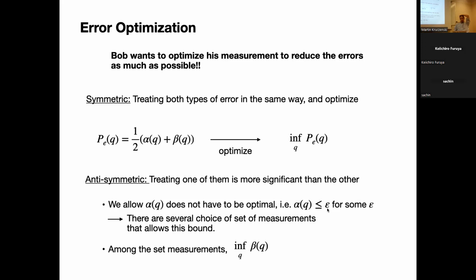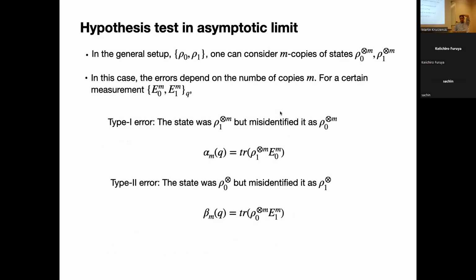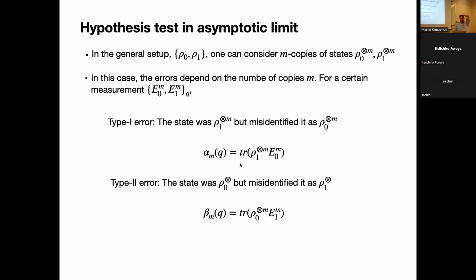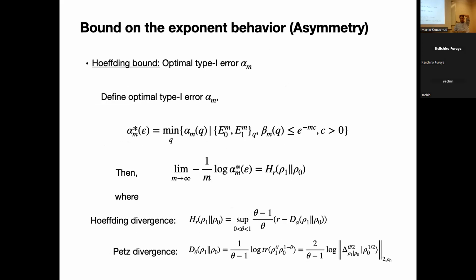So you fix one error probability and optimize the other type. This was a single-shot measurement, but you can do it with multiple shots.